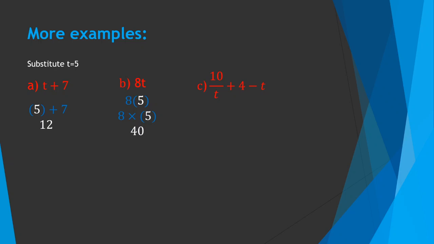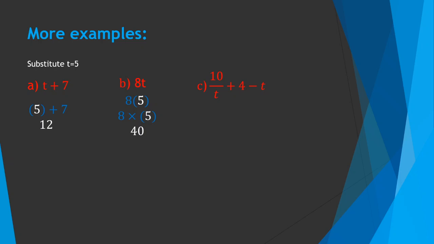The reason why we used the brackets is because if we didn't, looking at the top of your screen, we would have 85, which is not the answer. We want 8 times 5. So we put our brackets in so that we know we need to multiply. And this is a very common mistake that people make.